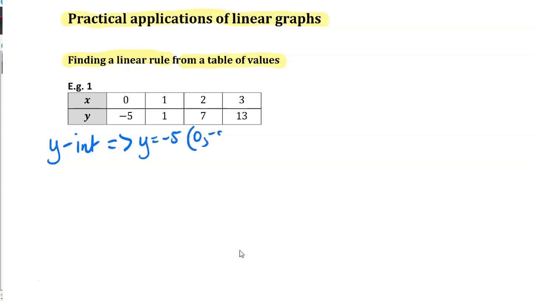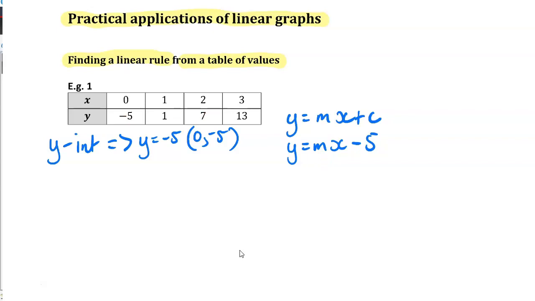Yes, that's (0, -5). So when we're thinking about our y equals mx plus c, well, I've got my c, don't I, which is -5, like that. Now I have to think about the m part, the gradient, the slope.